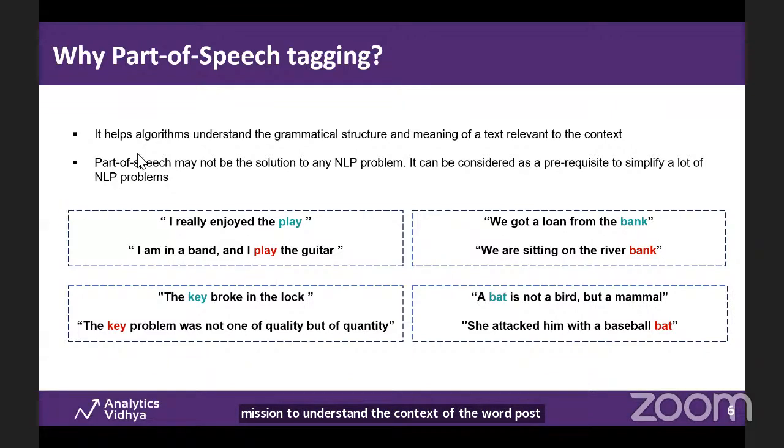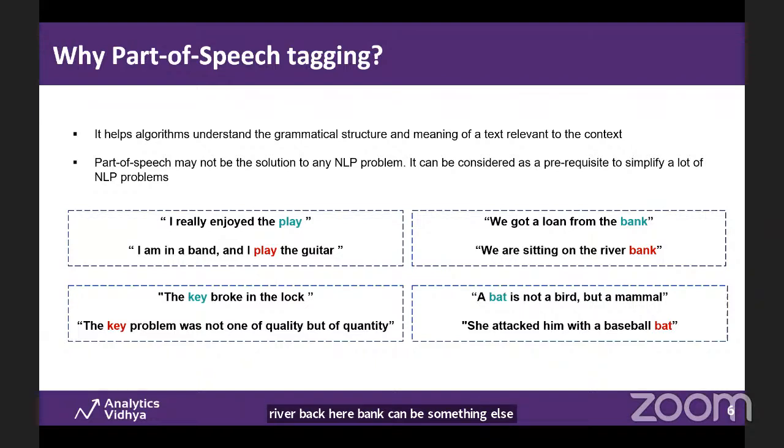And which is why POS tagging helps algorithms understand the grammatical structure and meaning of a text relevant to the context. If you look at this example, it says, we got a loan from the bank. The word bank here refers to a financial institution, whereas in the second sentence, we are sitting on the river bank, bank can mean something else.